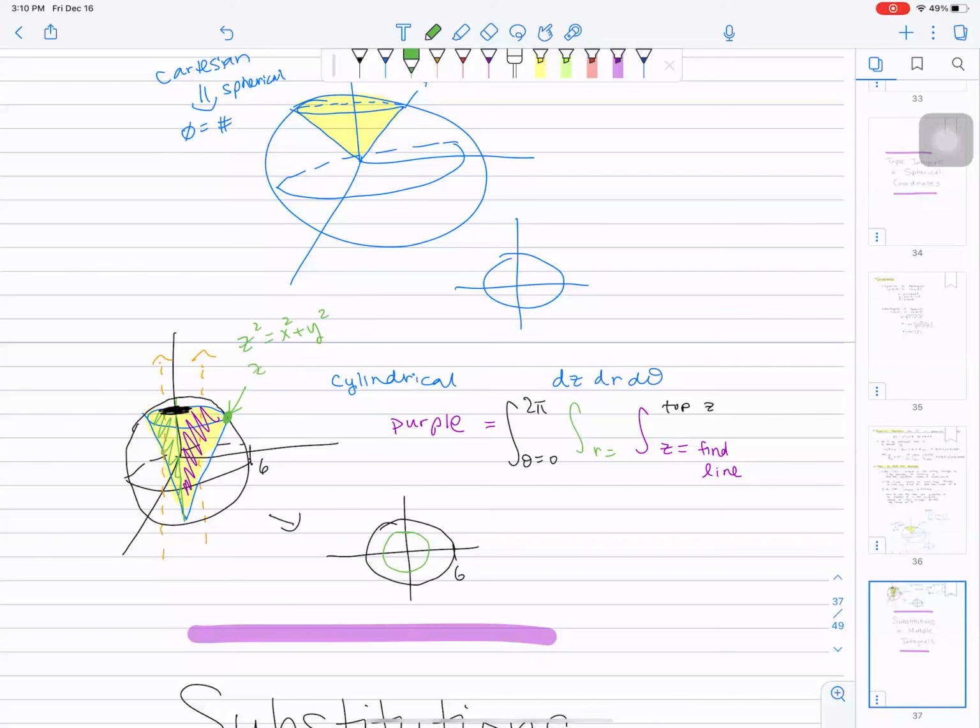So then you could get z equals plus or minus the square root of x squared plus y squared. So that would be the bound for z. Okay, I see. Thank you.